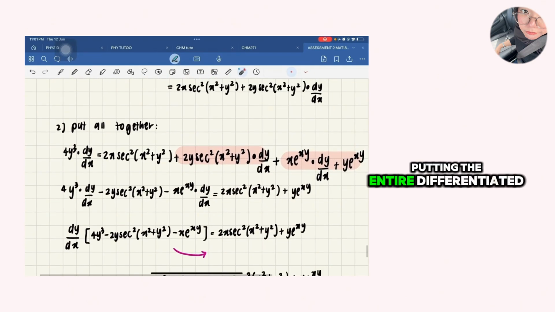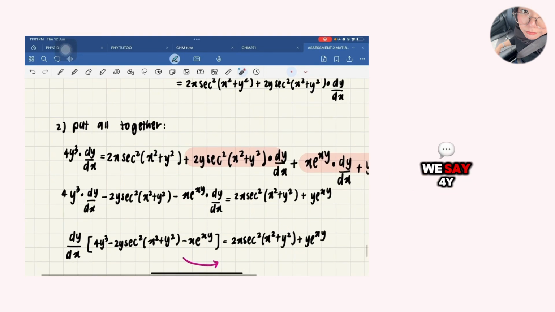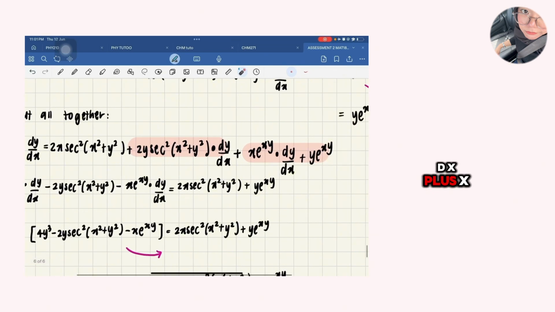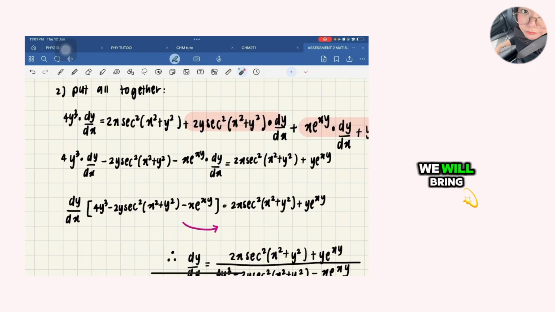Now putting the entire differentiated equation together, we say 4y cubed times dy/dx equals 2x secant squared of x squared plus y squared plus 2y secant squared of x squared plus y squared times dy/dx plus x times e to the xy times dy/dx plus y times e to the xy. Now, we will bring all the dy/dx terms to the left hand side and the other terms to the right.